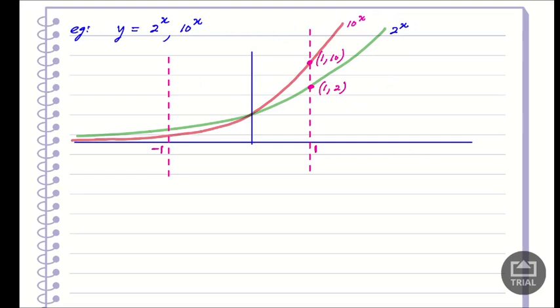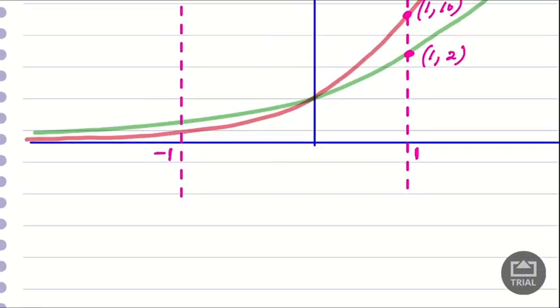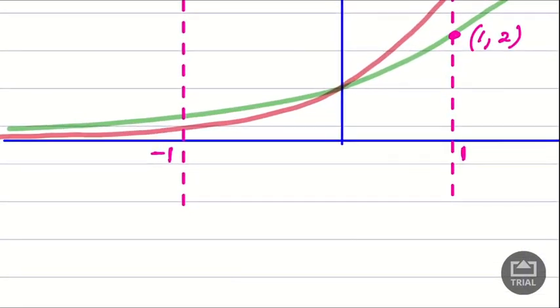Okay, let's go to minus 1 now. Minus 1 is so tiny, so I have to go here.